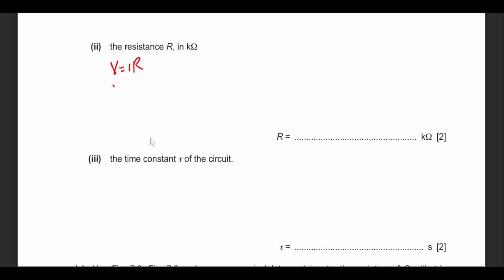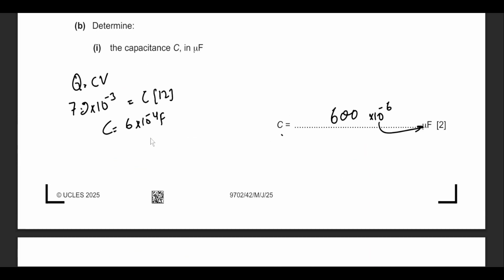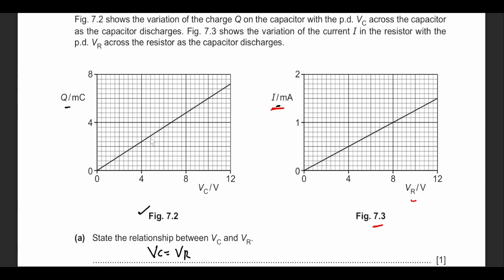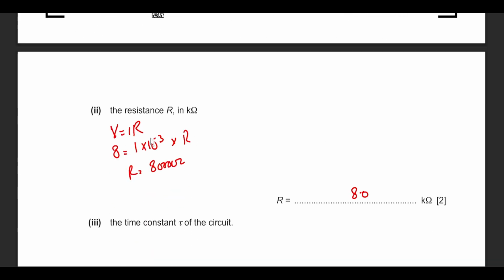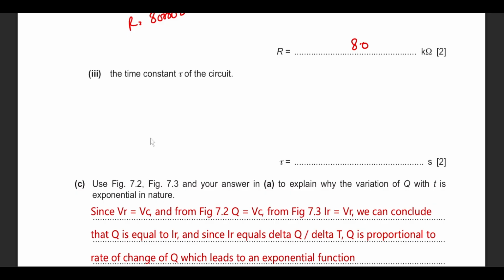So voltage is 8, current is 1 into 10 raised to the power minus 3, multiplied by R, and R is going to come out as 8,000 ohms, which is a very big resistor, and it's a very good design that at least there's something in the circuit to protect everything. Okay. All right, and we took this value at 8. You are exactly on the dot. So we couldn't be better than this.